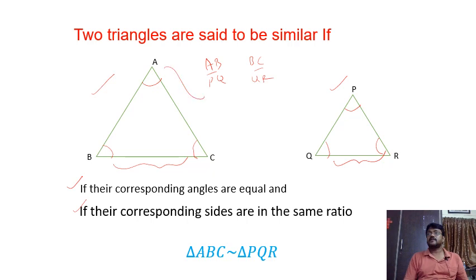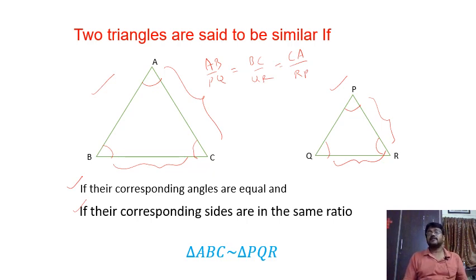And if CA's corresponding side is RP, then I'll take the ratio CA to RP. Then what I should notice is these ratios must be equal. Then I say that the sides are in the same ratio or the sides are in proportion. This is the second condition.